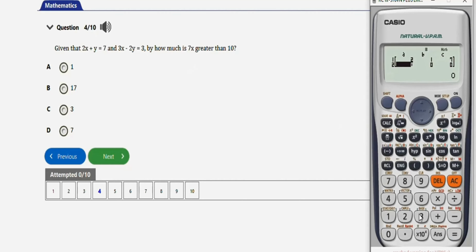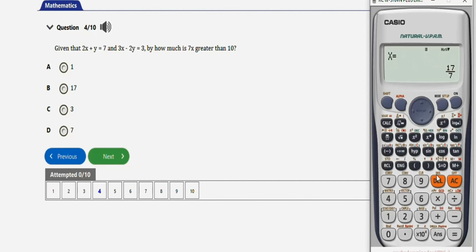Then we have 3, coefficient minus 2, and we have constant is 3. So that's it, guys. Let's press equal to.